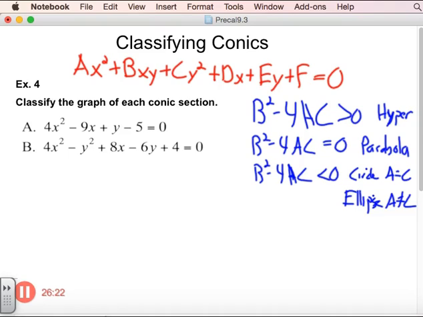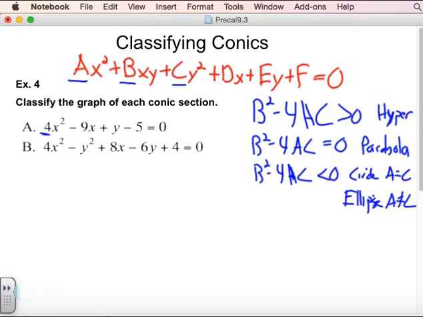All right, so let's test this right here. So notice a, b, and c. That's where we get those. So a is in front of x squared, b is in front of xy, and c is in front of y squared. So let's figure out what is b squared minus 4ac. So right here, a is 4. There is no xy, so b is 0. And there's no y squared, so c is 0.